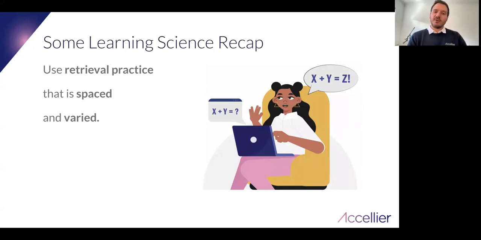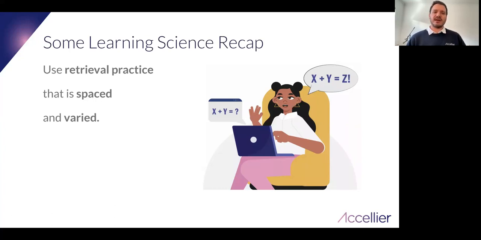And I think it's really important to look at the peer-reviewed science, the stuff that's actually been researched and tested to see if it actually works. Because in learning, there's a lot of folklore, a lot of things that are thrown around that people just believe without really wondering if it actually works.